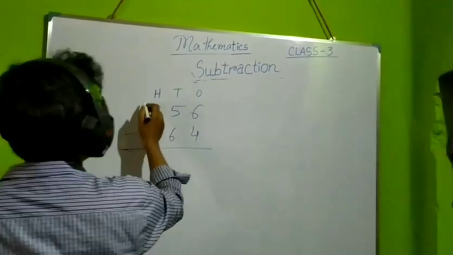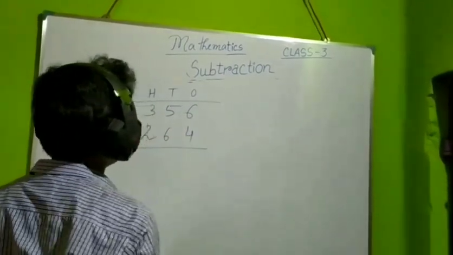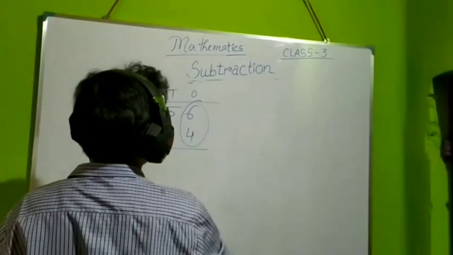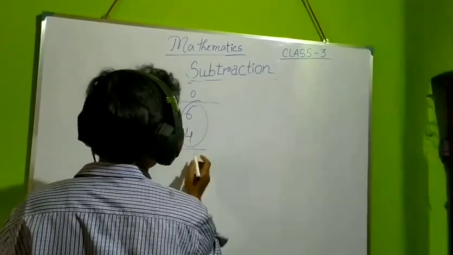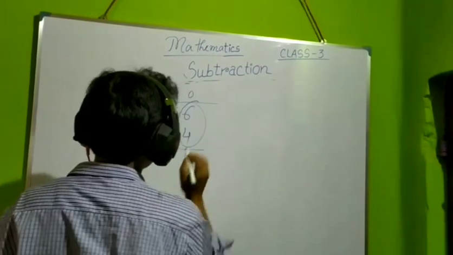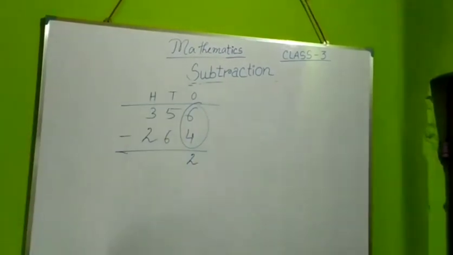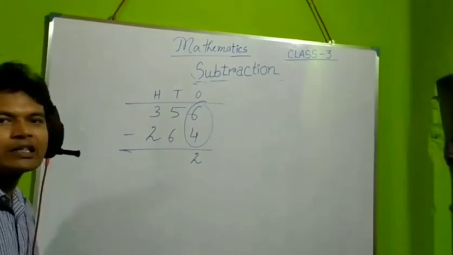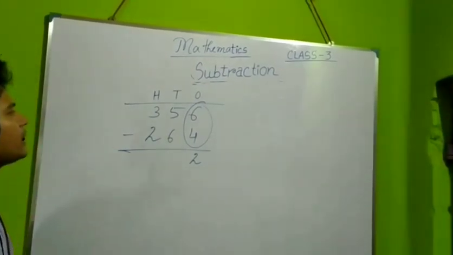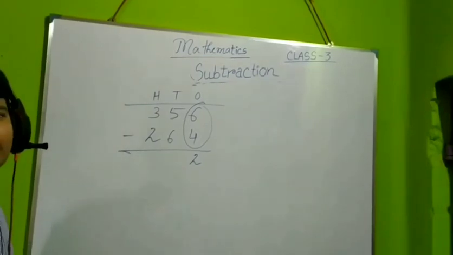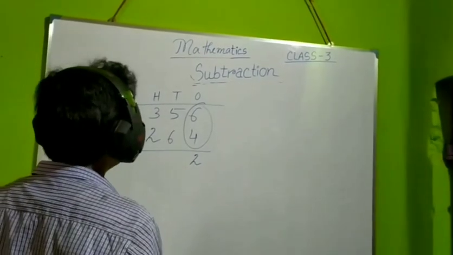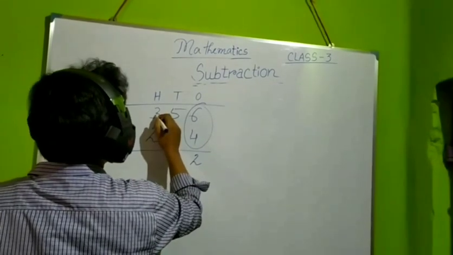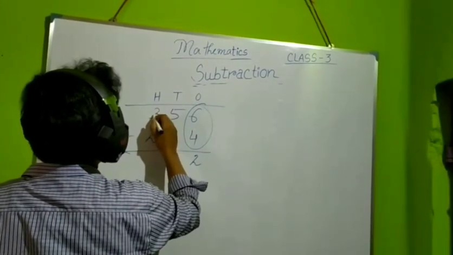Now how do we subtract this? At the ones place, 6 is greater than 4. When we subtract 4 from 6, we easily get 2. But when it comes to the tens place, we can see that the digit written at the subtrahend is greater than the digit of the minuend. So how do we subtract this? As we learned, we have to borrow 1 from the hundreds place.